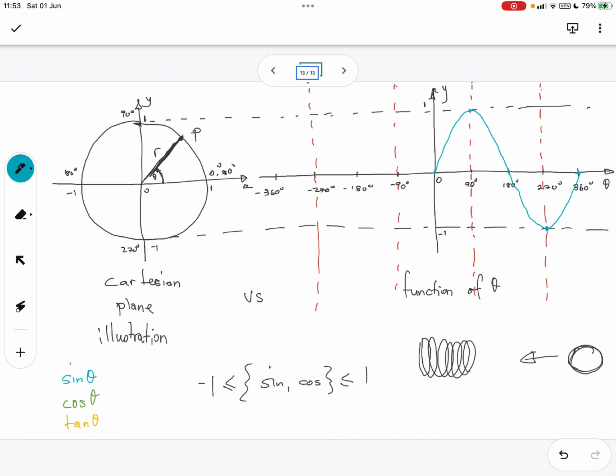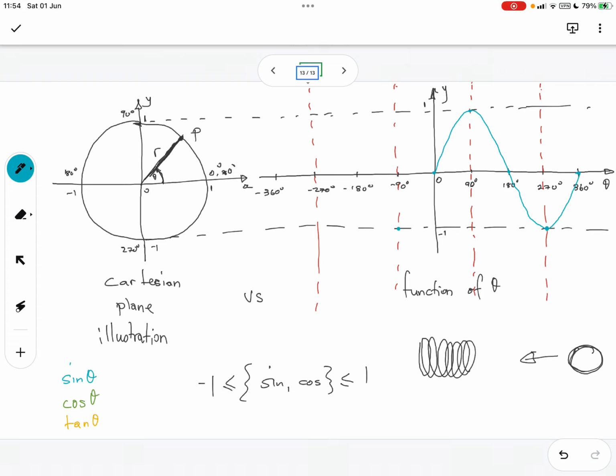So now we're going to map the points. At 0 degrees, sine is 0. At negative 90 degrees, y is negative 1, therefore sine is negative. Negative 1 divided by r, which is 1 because it's a unit circle, so we get negative 1.